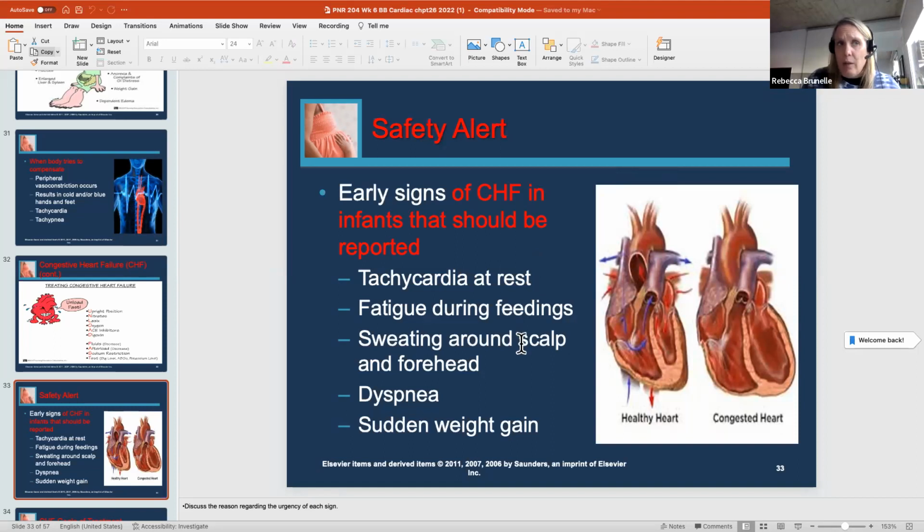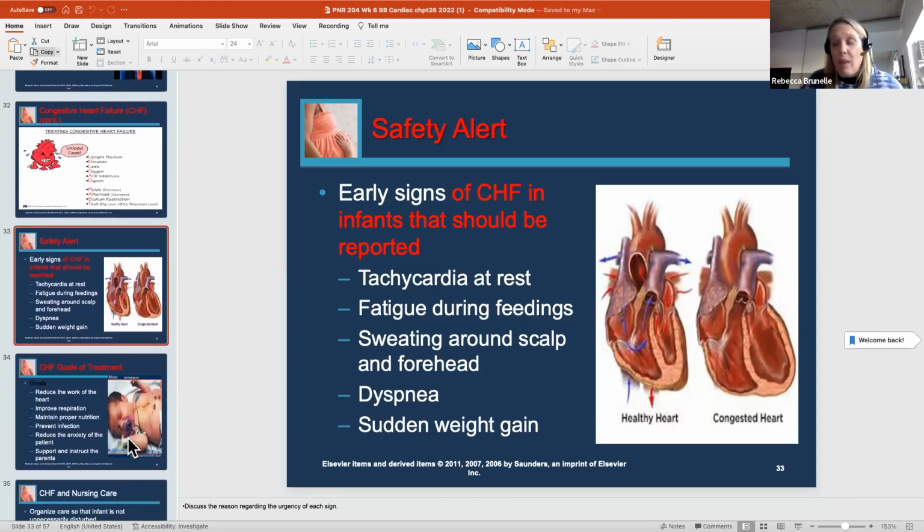If they're sweating unusually, or if they have dyspnea or weight gain. So these are kids that are maybe going into heart failure, and they're not able to pump their fluids normally throughout their body. The ones that you're going to see first are the tachycardia at rest and the fatigue during feeding. Those are the things that you really worry about. That could be an early sign of congestive heart failure in a baby.